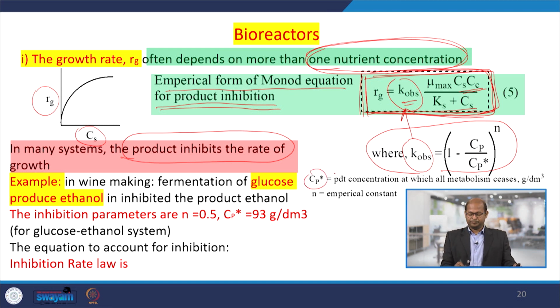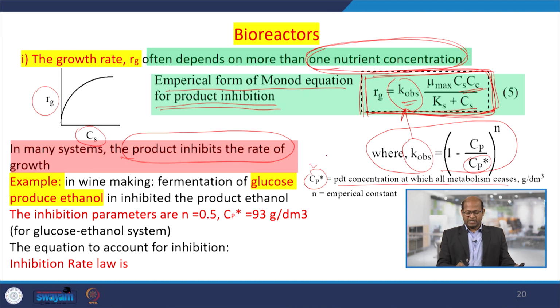Cp star is the product concentration at which all metabolism ceases. So, there are cell reactions, product formation is there, and the product concentration inside the cell has a particular value. At that particular product concentration, all metabolism, the processes inside the cells, would stop.